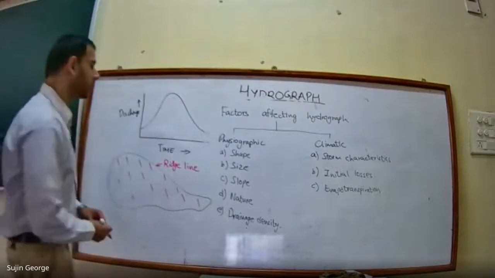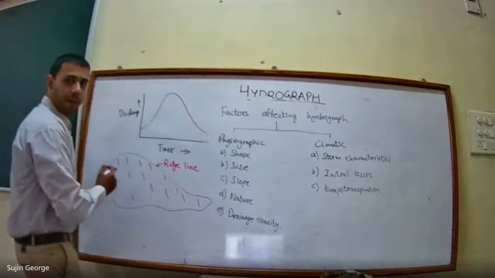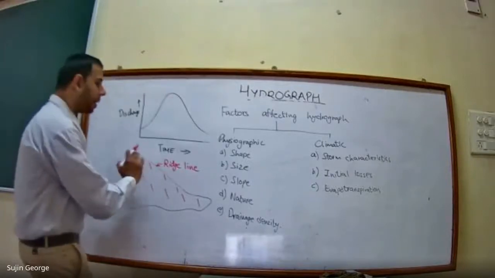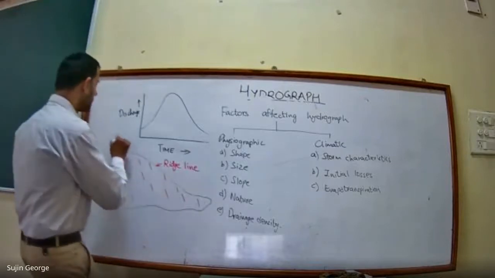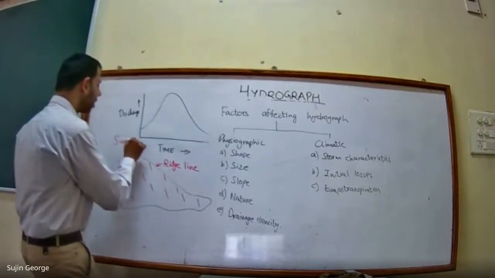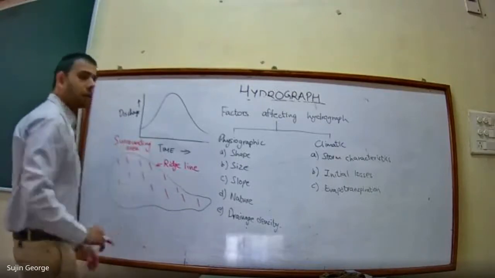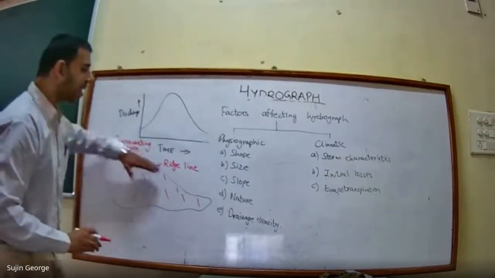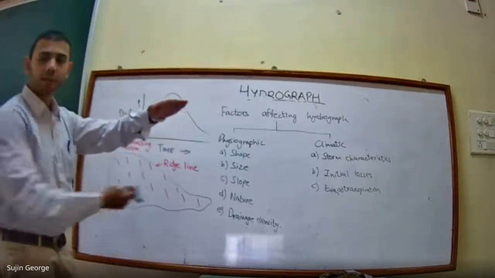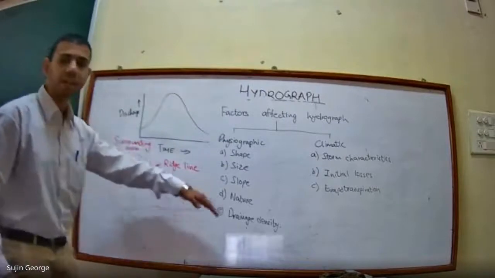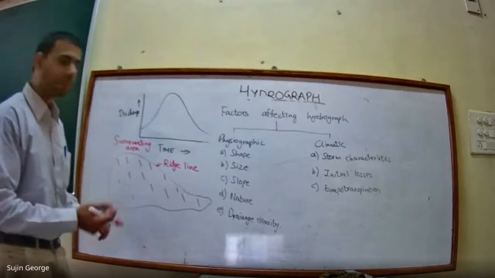The elevation of the catchment area will be higher as compared to the surrounding area. Suppose this is the adjacent area. The ridge line can be seen clearly in case of a catchment.